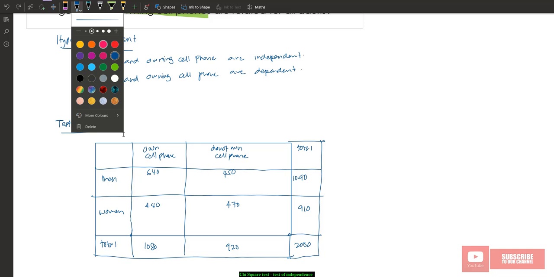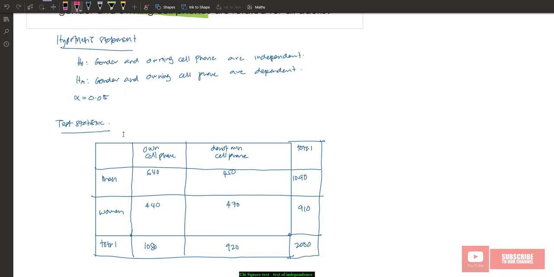Now, we should calculate the expected frequency. For men who own a cell phone, it is 1090 multiplied by 1080 divided by 2000, which is equal to 588.60. For this one, 1090 multiplied by 920 divided by 2000 is equal to 501.40.